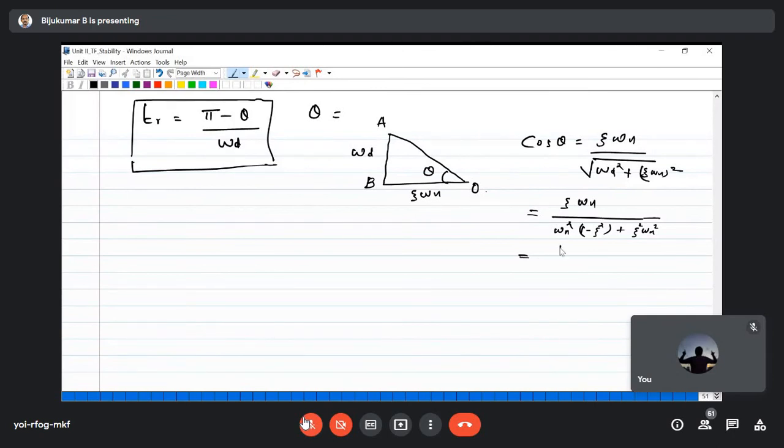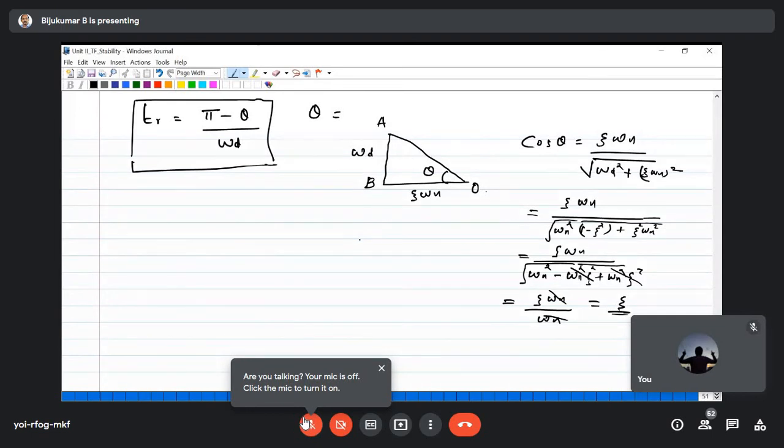So if you solve this, you get again zeta omega n divided by, oh, here square root is there, root of omega n square minus omega n square zeta square plus omega n square zeta square. So this and this you cancel. Finally you will get zeta omega n divided by omega n. So we cancel and get zeta. So you get cos theta equal to zeta, right?